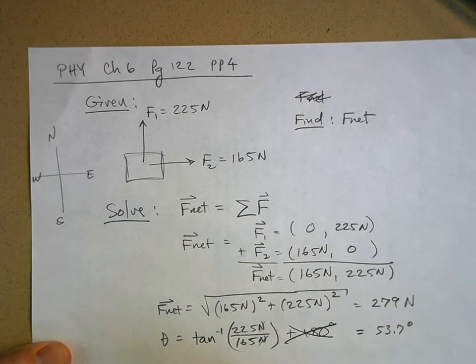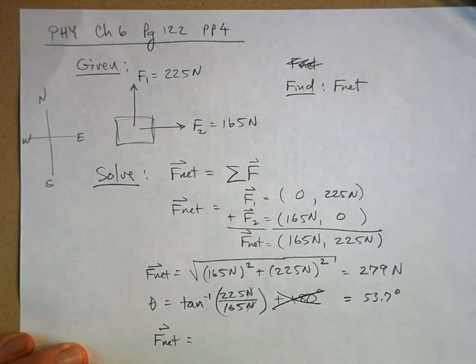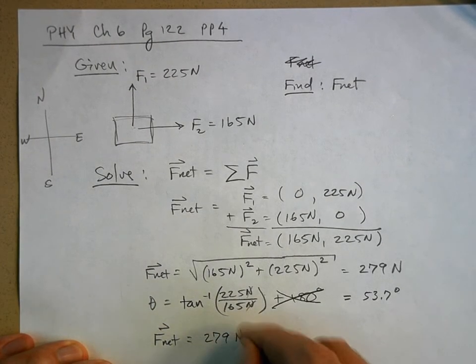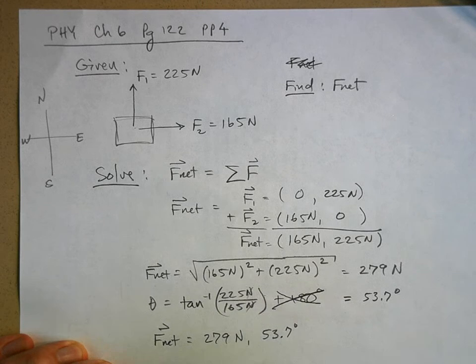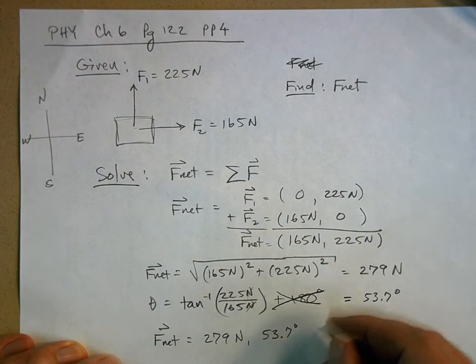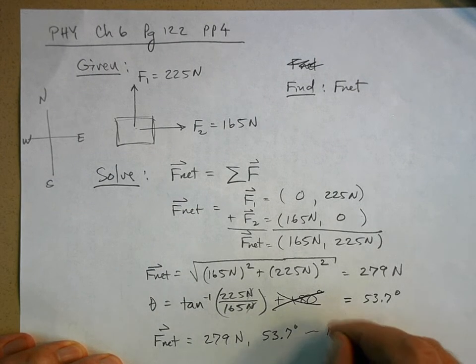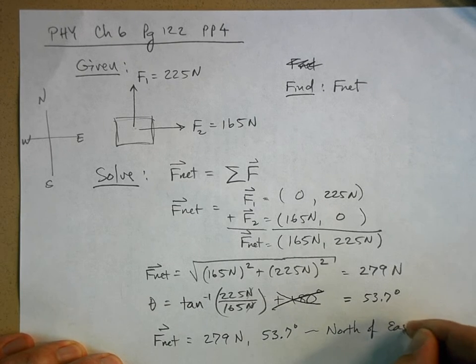So the net force on this object is just, oops, off screen. The net force is 279 Newtons at an angle of 53.7 degrees. Or you can say 53.7 degrees north of east.